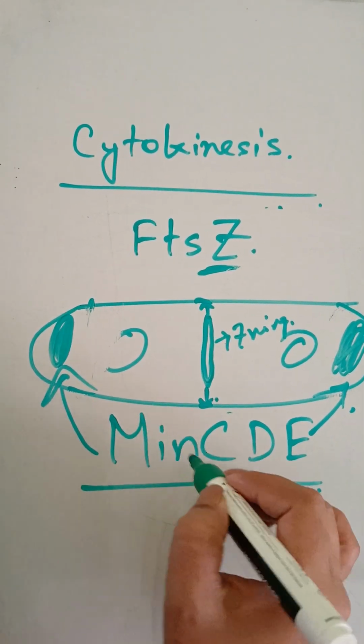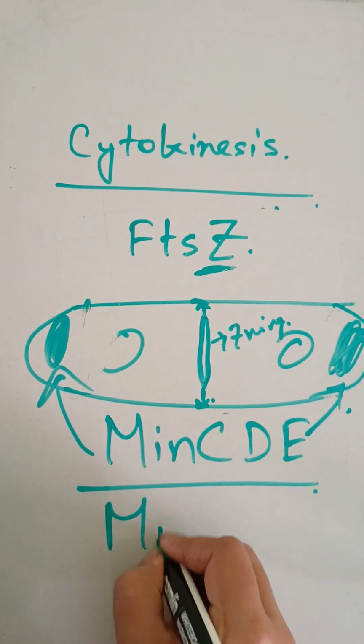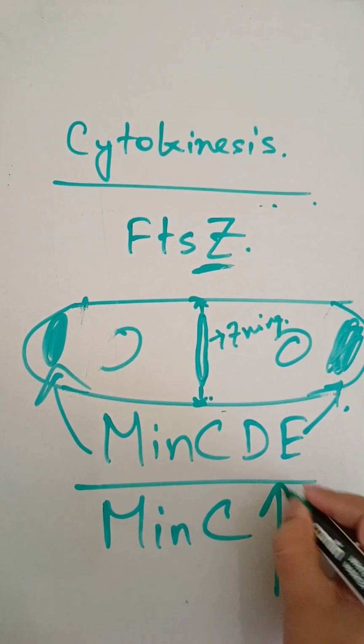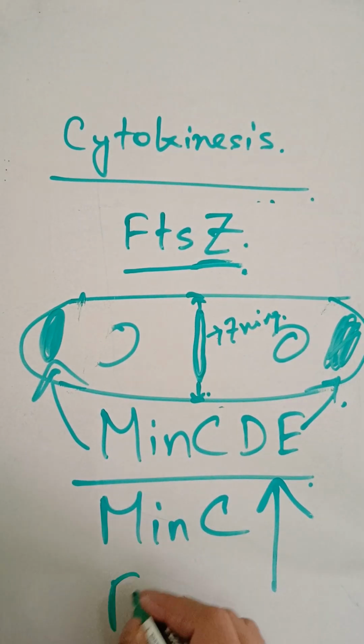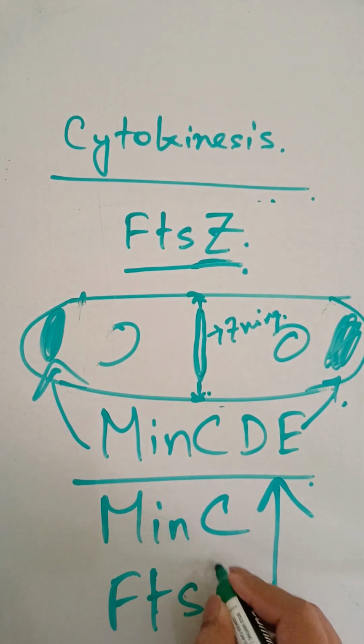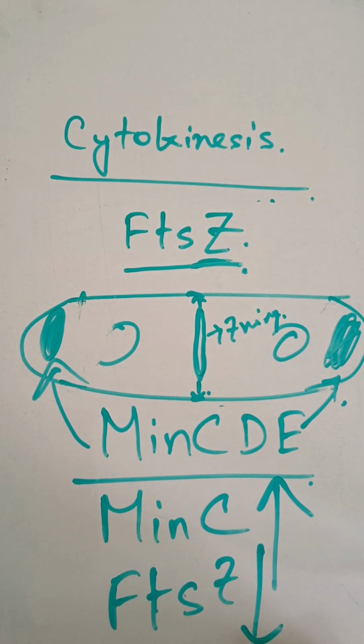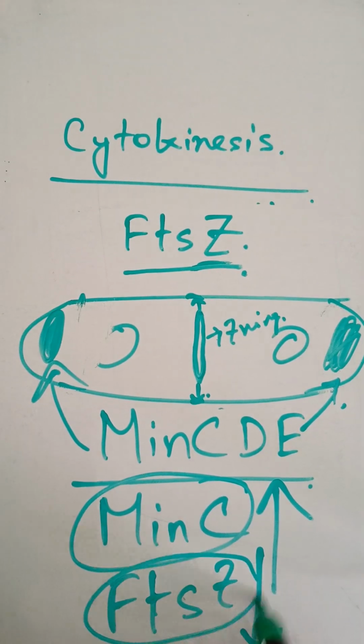Whenever the MinC concentration is very high, the FtsZ concentration will be less. Whenever it's high, it's going to be less.